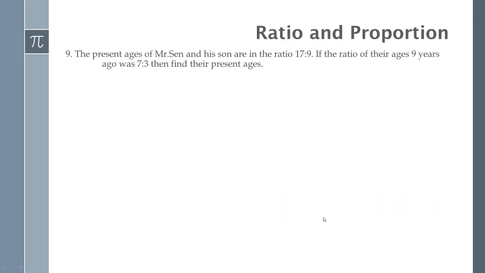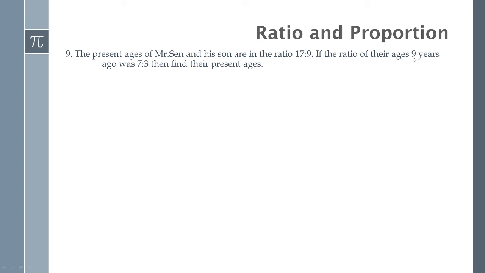Coming to the 9th one. The present ages of Mr. Sen and his son are in the ratio 17 is to 9.